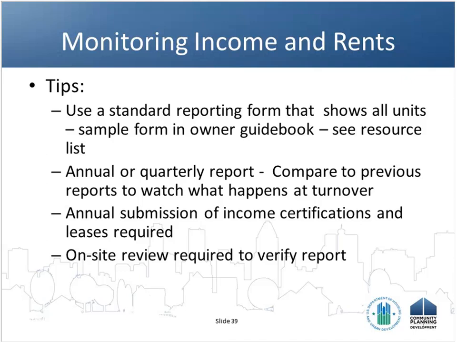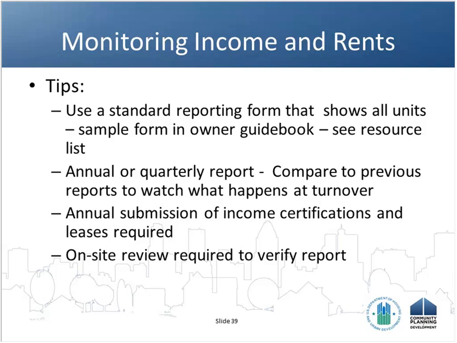You might, as a PJ, choose to have quarterly or semi-annual reports that would come into you that would show rent and occupancy, so that you'd be able to track the current status of each of your projects, make sure that they continue to have income eligible tenants in those units, that they're following the approved rent and utility schedules and making those calculations correctly.